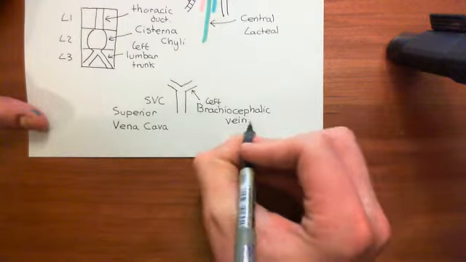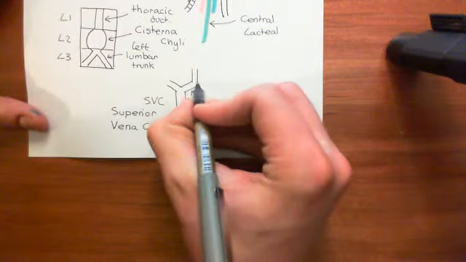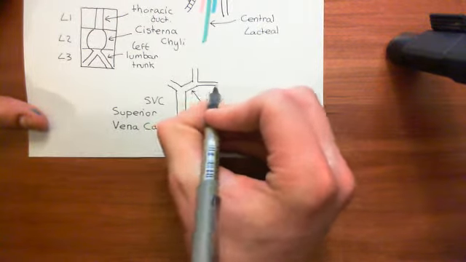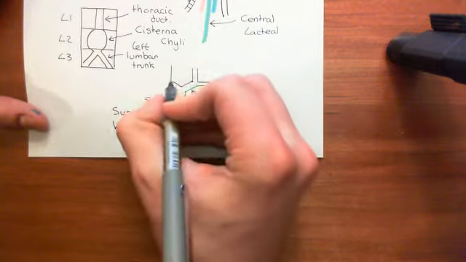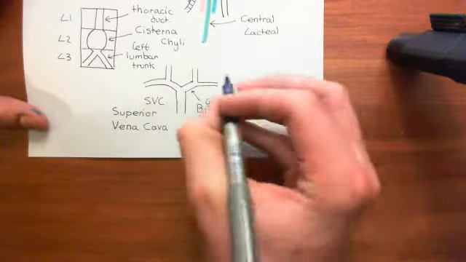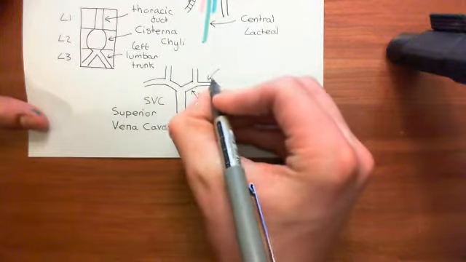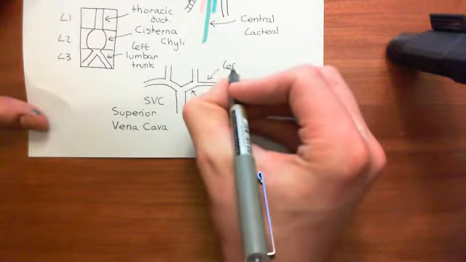Even the left brachiocephalic vein itself is made by another two veins joining together. It's the same on the other side, I'll just draw it here. These two big veins that join together to make the brachiocephalic veins are the subclavian veins.